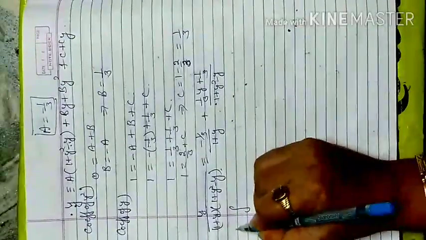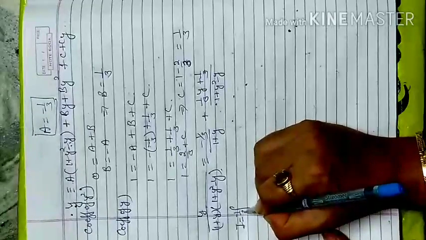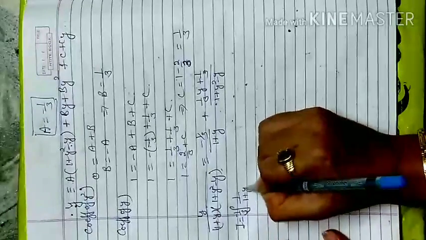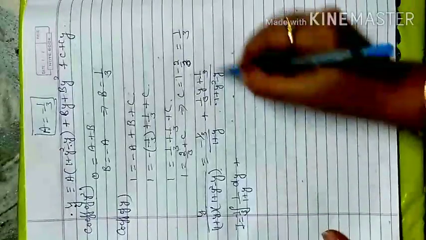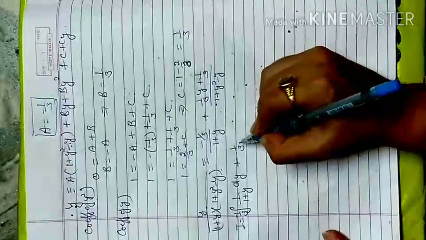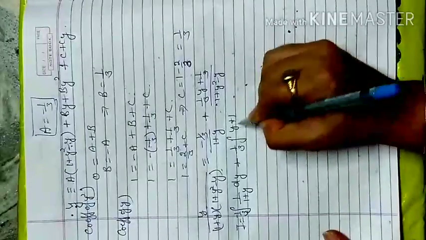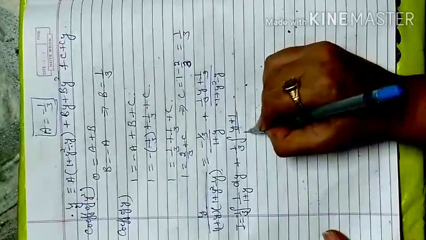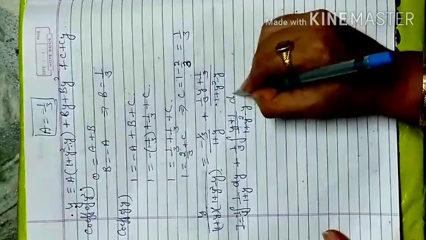Now integration of minus 1 by 3, we keep it outside, 1 upon 1 plus y, I directly separate it here, then plus I take 1 by 3 also common here, so that gives me y plus 1 upon 1 plus y square minus y, and dy.